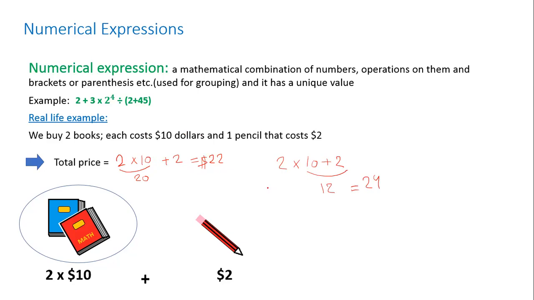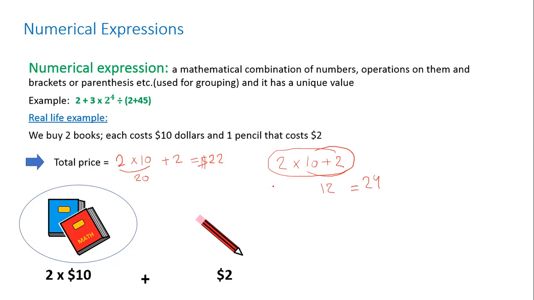So how can we find a way so that if I give this expression to any person, they will know for sure that my intention is to perform the multiplication first and then to add? For this reason, mathematicians have agreed on a certain set of rules that is applied on numerical expressions, and these rules prioritize operations.